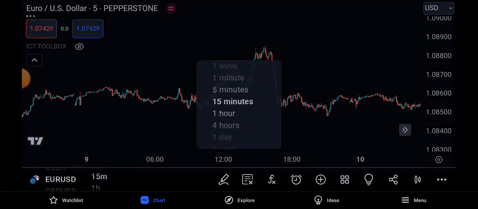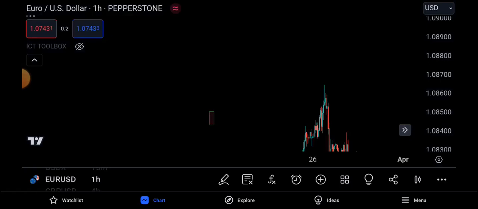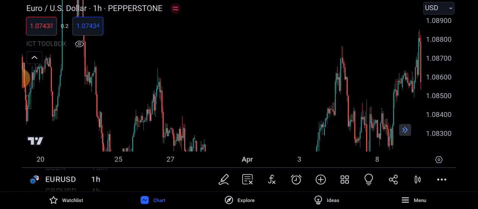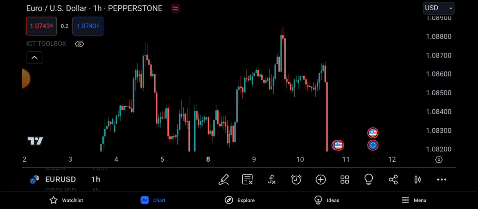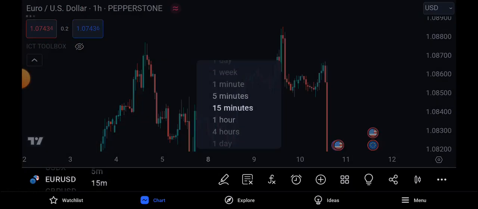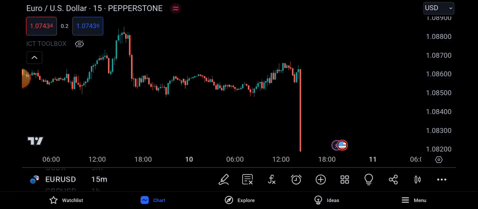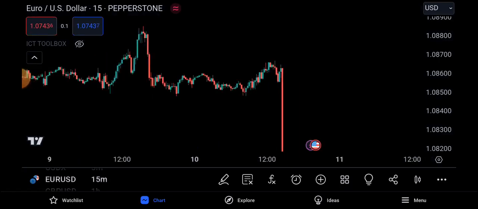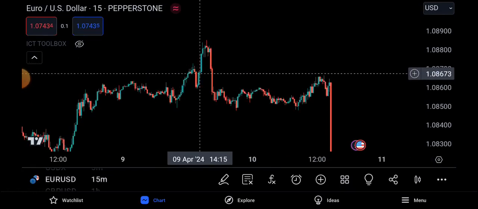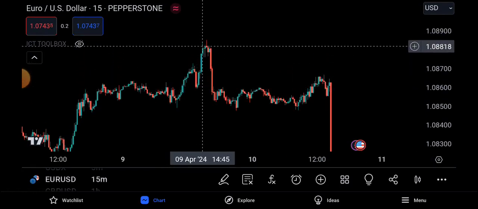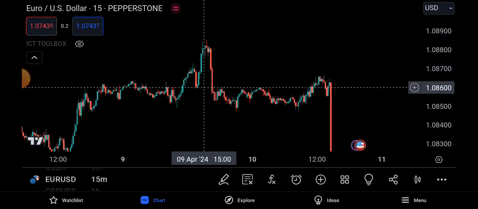Okay, so let's move to the 1 hour. See if we can find a breaker. I do see a breaker, but on the 1 hour it doesn't look like a breaker, so maybe let's move to the 15. Okay, on the 15 it does look like a breaker. So we have a high, higher low, higher high, then we break below that.